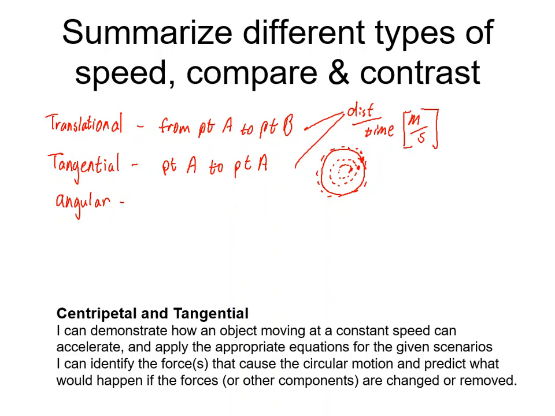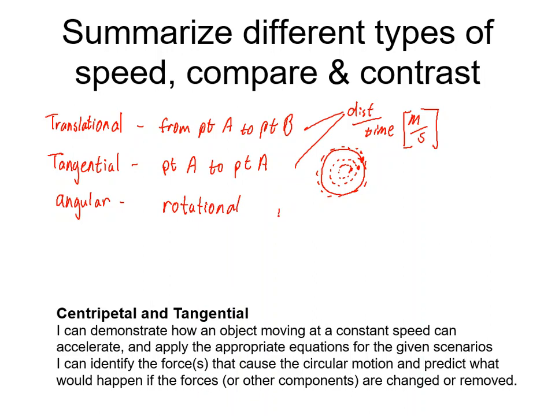Then we have angular velocity, which is related to tangential because we're talking about going around in a circle. But in that case, we're talking about how the entire object is rotating. Okay, so this is going to be rotational motion. And we're talking about how much, or what percentage, you can almost think of it as, of the rotation we have gone through.